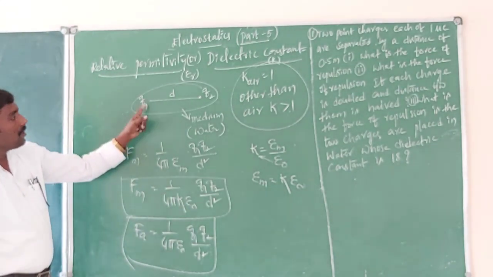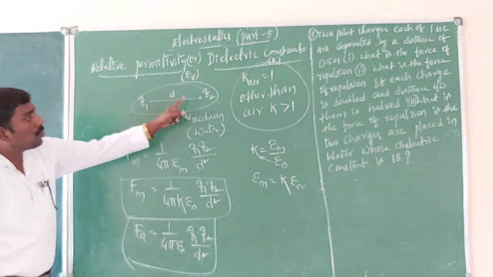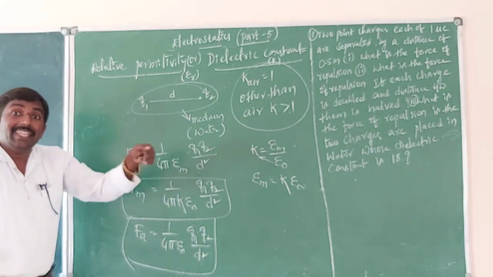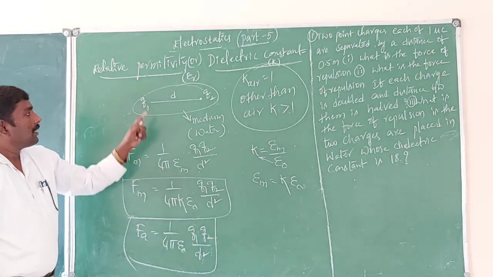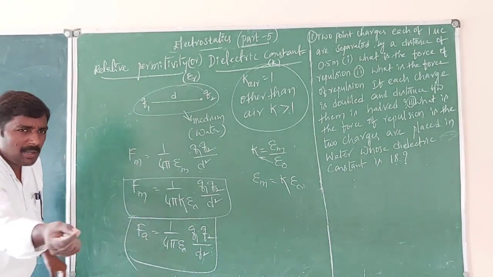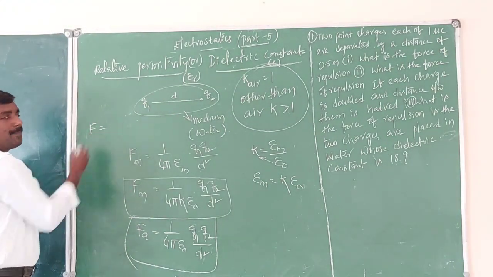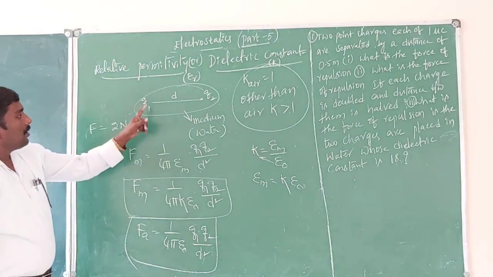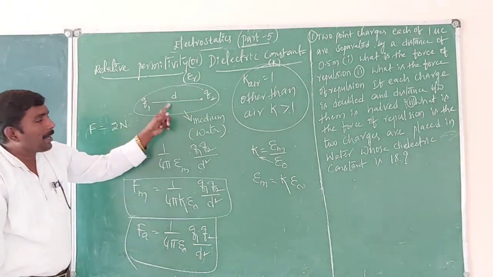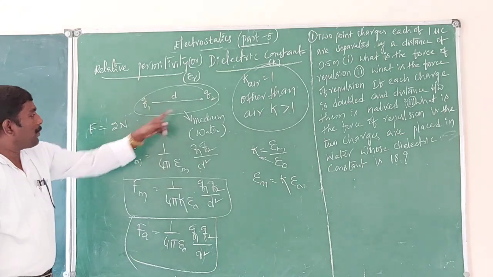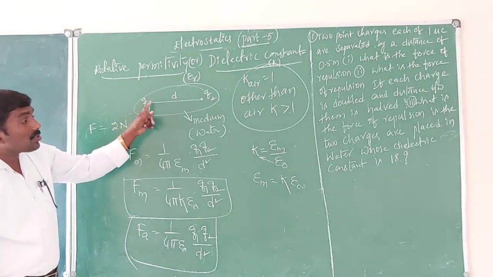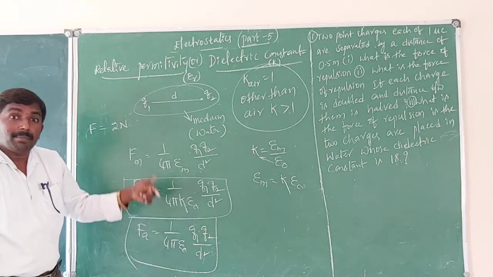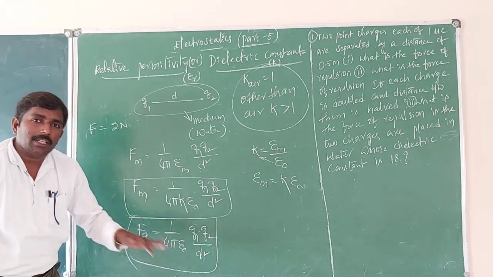Suppose these two charges are kept in air, and the force of repulsion is, for example, 2 Newton. Let us consider two charges kept in air, the force of repulsion is 2 Newton. These two charges are kept in a medium like water.